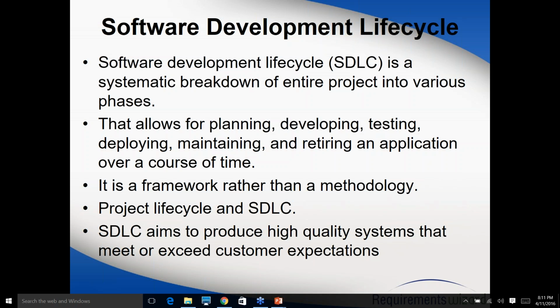So when you initiate a project, you need to break this entire project into small phases. And when you are developing a system or an application, breaking down that big project into small different phases is called an SDLC.